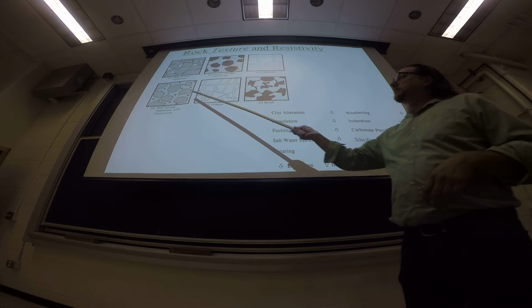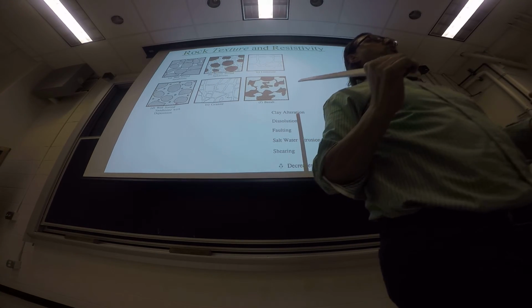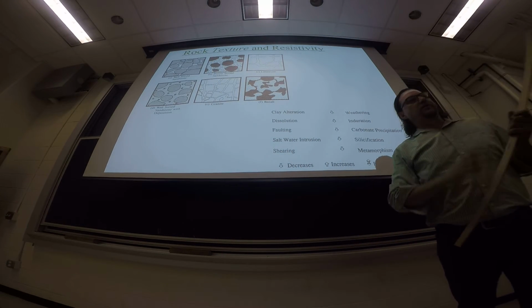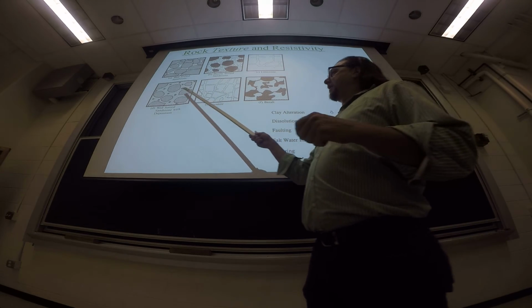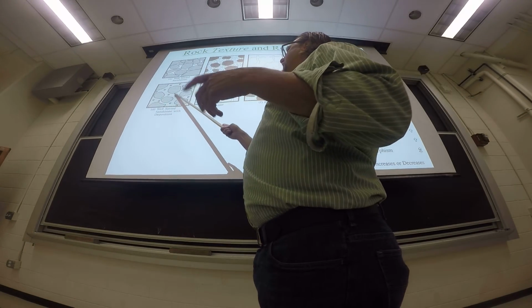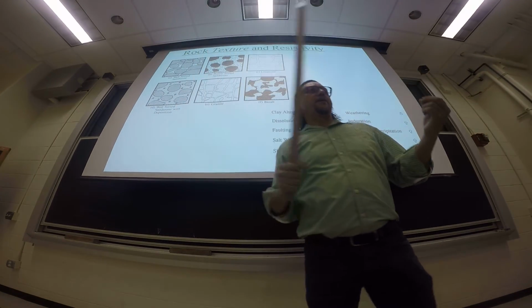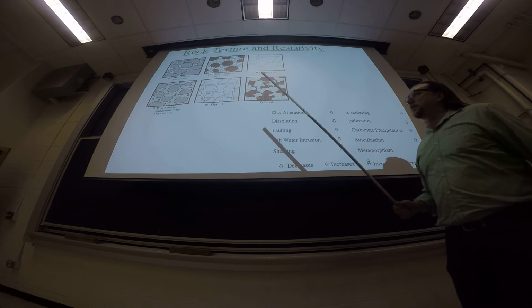Why is that? That's because basically the well-sorted sandstone will have a porosity of, say, 20 to 30% due to the fact that the grain size is pretty uniform, whereas an unsorted sandstone, you've got not as much pore space because you've got finer particles filling the pore space generated by the larger particles.